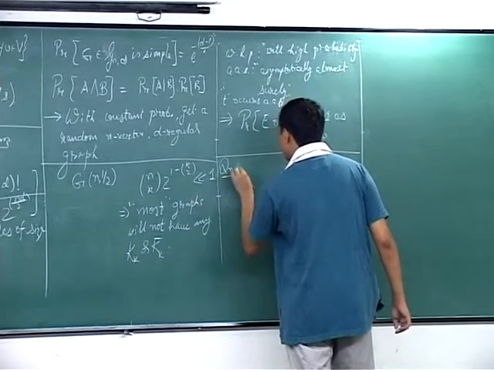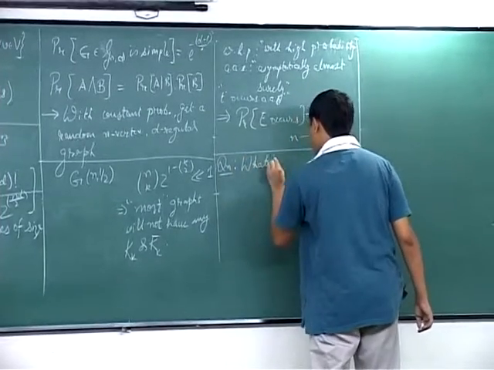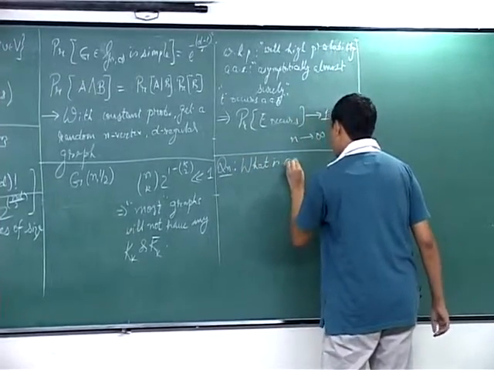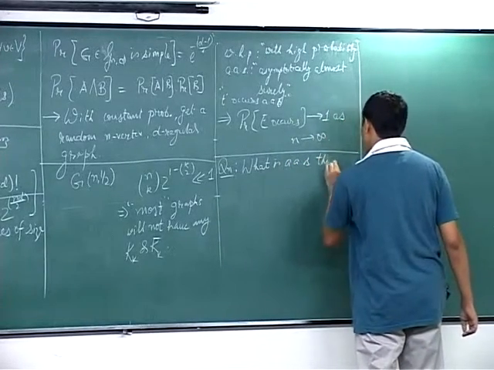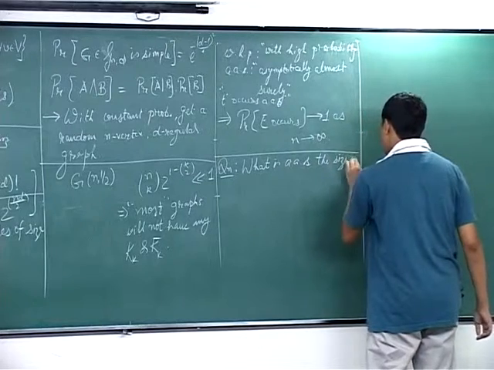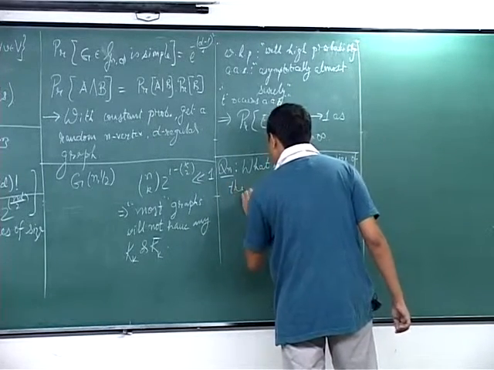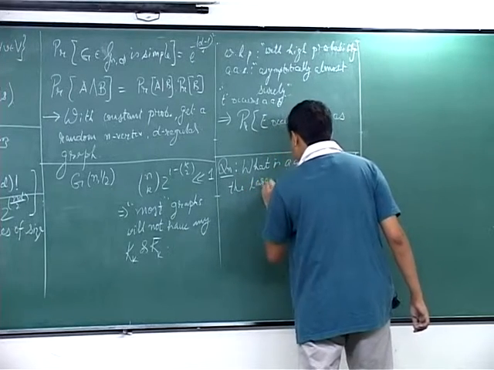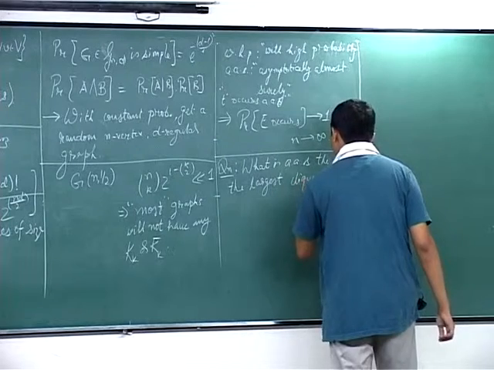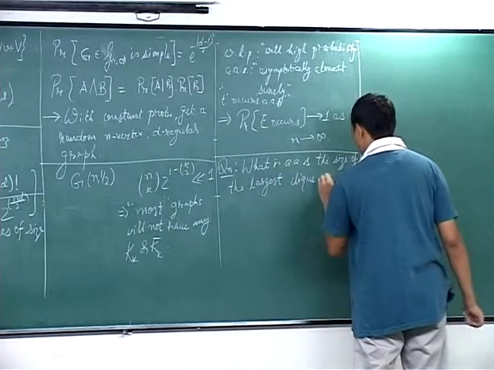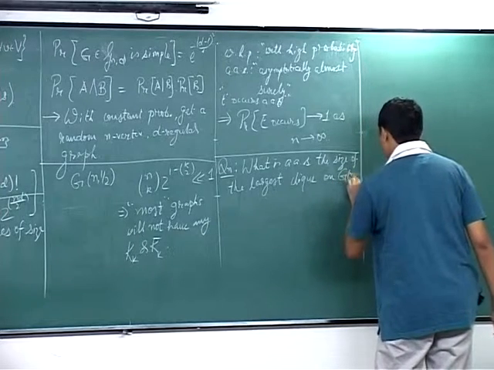So the question is, what is, a.a.s., the size of the largest clique in G(n, p)?